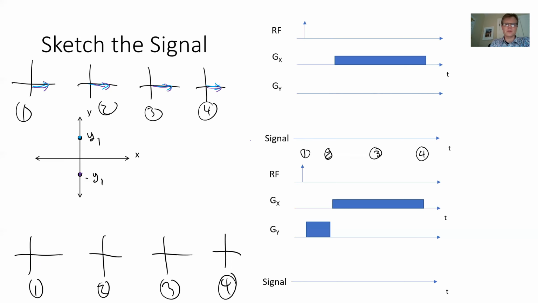And remember, our signal here is going to be the sum of these two. So we're going to get just this constant signal after our pulse, we tip the net magnetization into the transverse plane and get just the constant signal.